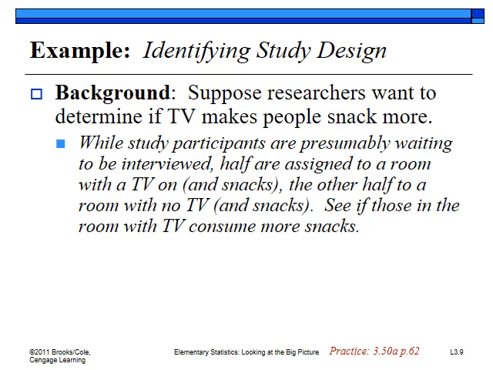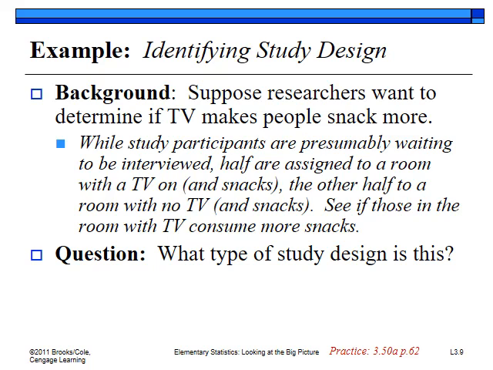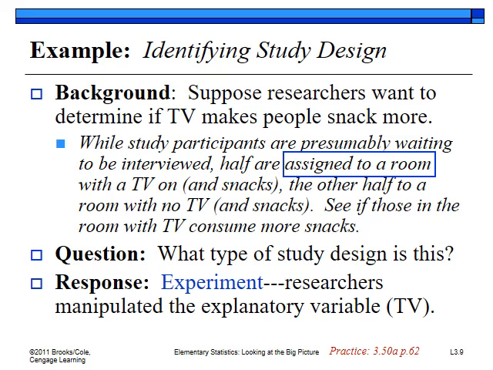The researchers then see if those in the room with the television consume more snacks. What type of study is this? Here, the explanatory variable is watching television. Since the researchers are assigning half to a room with a TV and half to a room without a TV, this is an experiment.